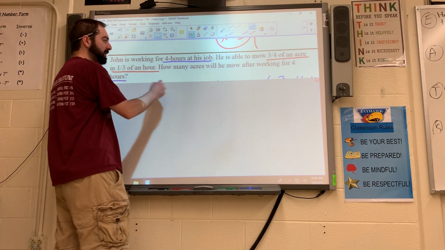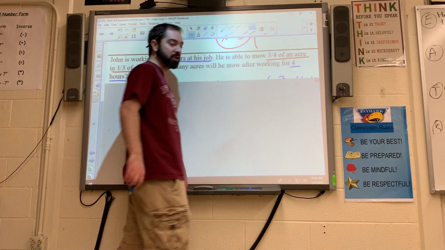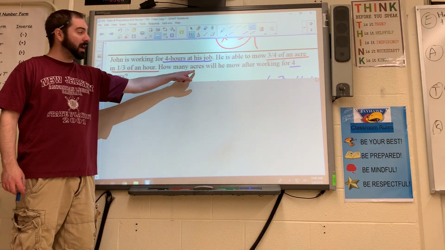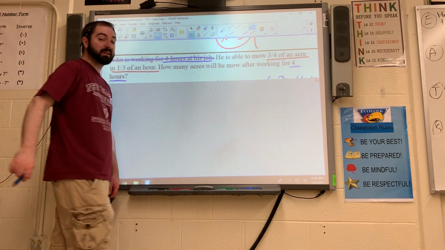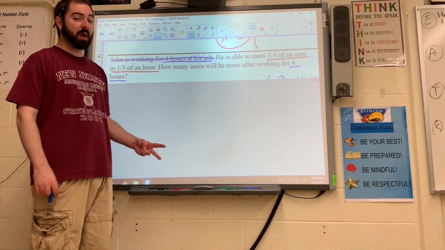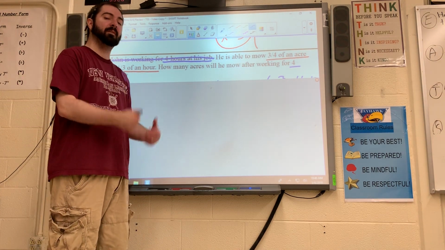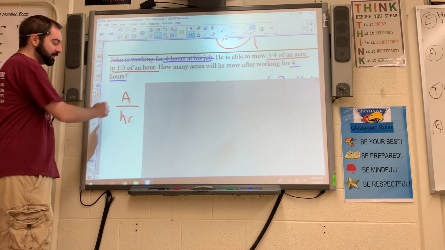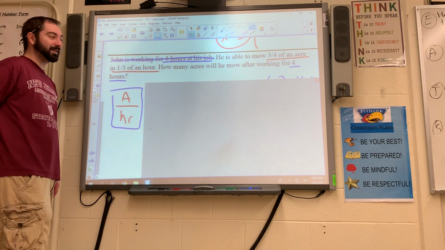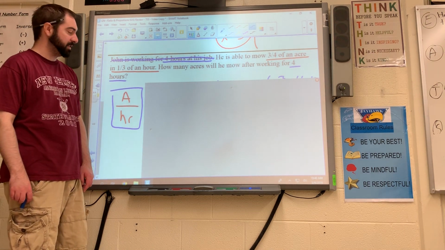And then it says, just like the warm-up, they repeat some information. How many acres? We don't know, but he's working for 4 hours. So these two 4 hours are the same 4 hours. I'm not going to use it twice in my problem because it's the same information, just repeated. Again, acres to hours is my ticket because they're in the same sentence and they describe the numbers in that sentence.